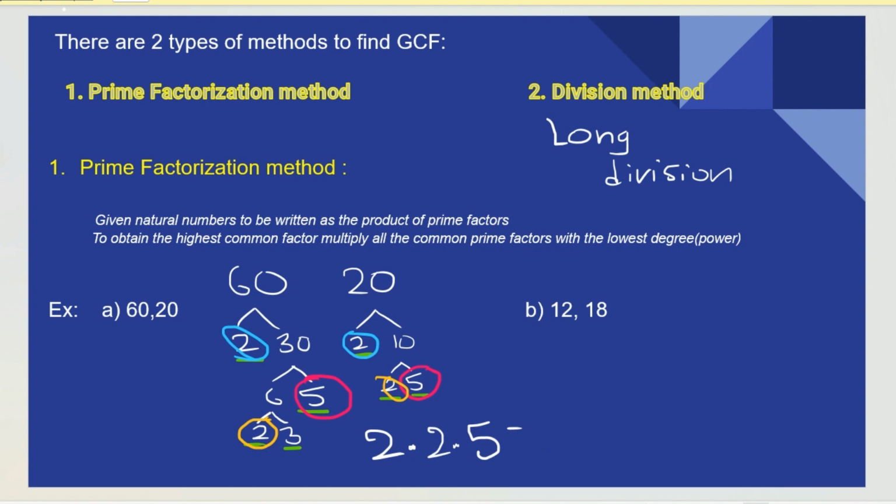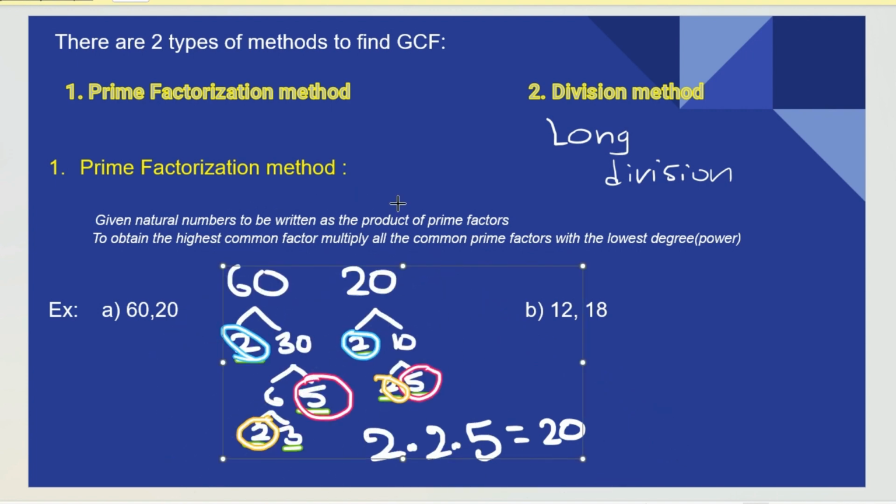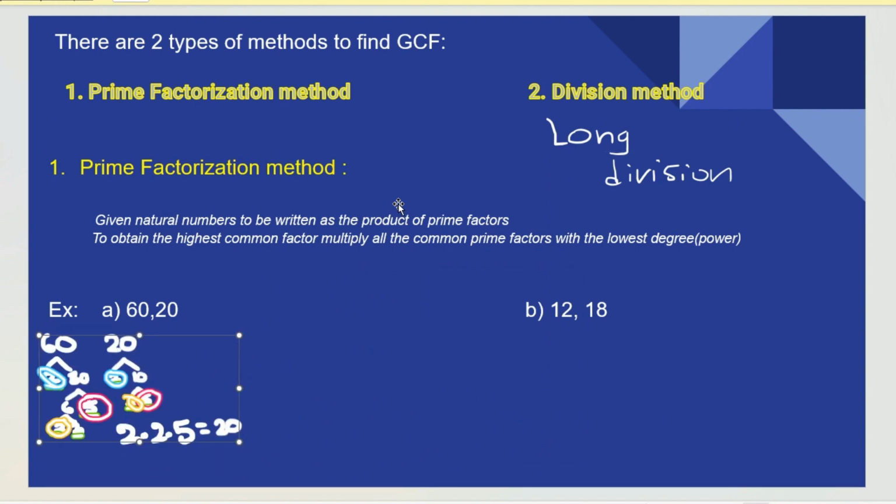Now we just multiply, and we get 20. So the answer for the GCF of 60 and 20 is 20. And that is the difference between LCM and GCF prime factorization.